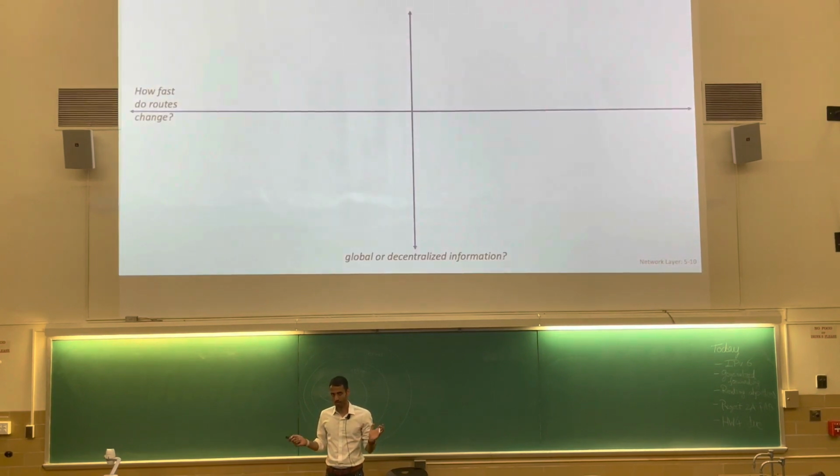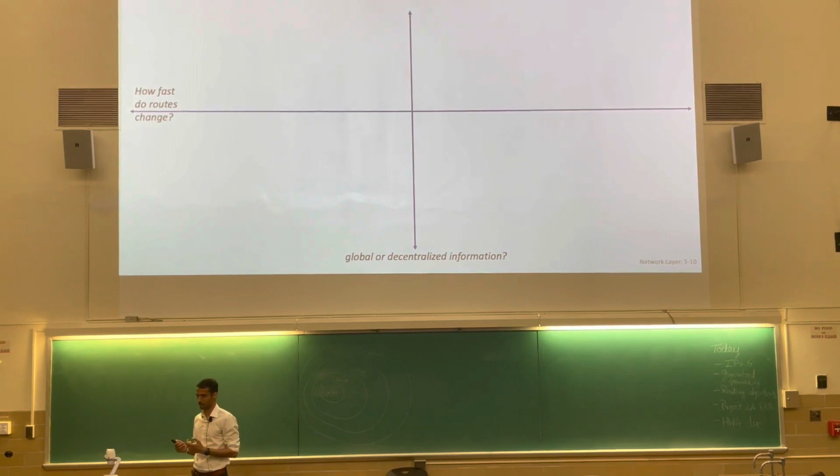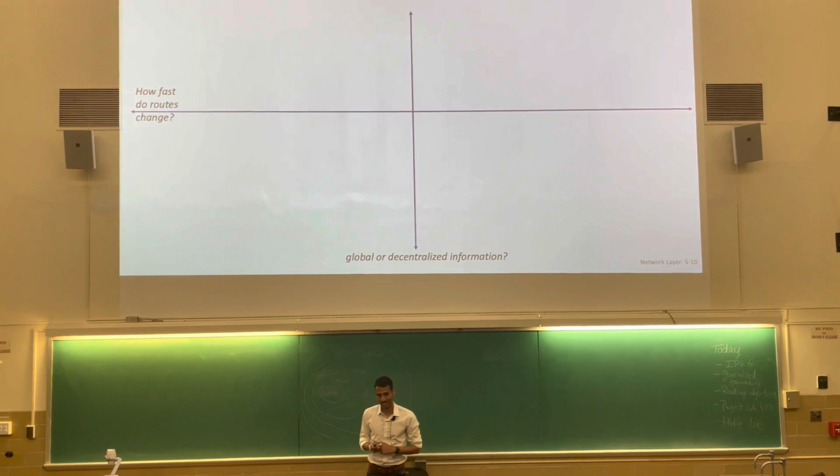There's 2 fundamentally different ways of doing routing. Routing protocols can be categorized actually along 2 axes. The first of which is whether they're global or decentralized. What's the meaning of global versus decentralized?